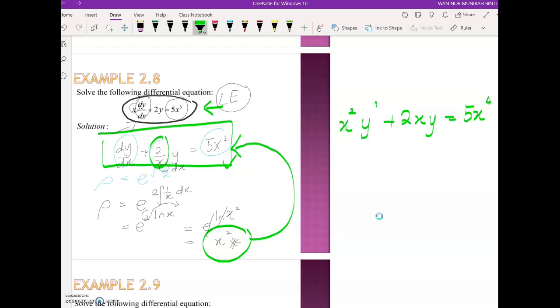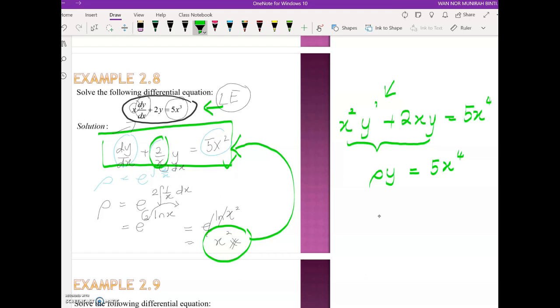In order to simplify the equation, we just simplify the left hand side of the equation. So how can we do this? Note that y prime is dy/dx. So what we need to do is I just put rho y here, and then I have 5x to the 4, which just remains the same on our right hand side, but the left hand side we need to simplify.